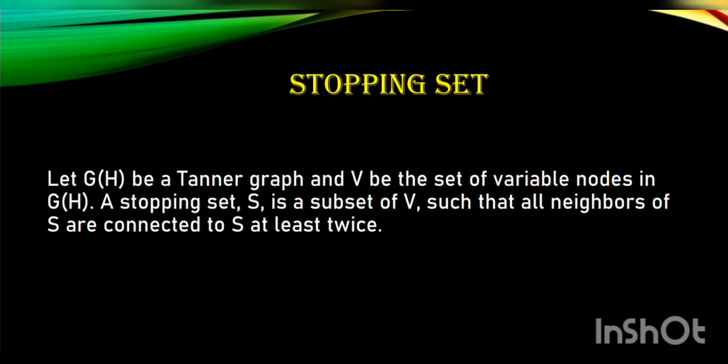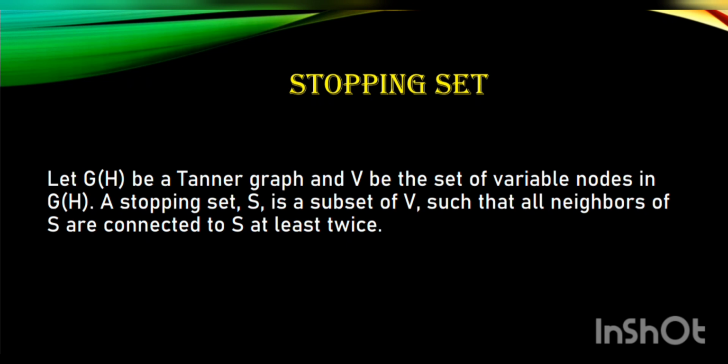These sets are defined as follows. Let G be a Tanner graph and V be the set of variable nodes in G. A stopping set S is a subset of V such that all neighbors of S are connected to S at least twice. The empty set is also a stopping set, and the space of stopping sets is closed under union.